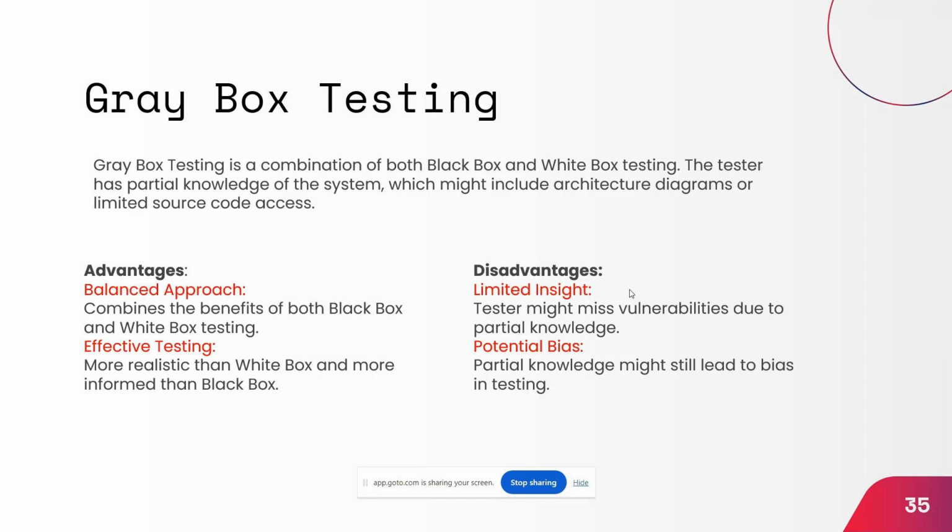When you have a network and application hosted on the internet, and you want to see the current security posture by mimicking attacks like an outsider, you can go for black box testing. Where you have the time, resources, and a good budget, and you want to evaluate the security in a very detailed way, then you can go for white box testing.